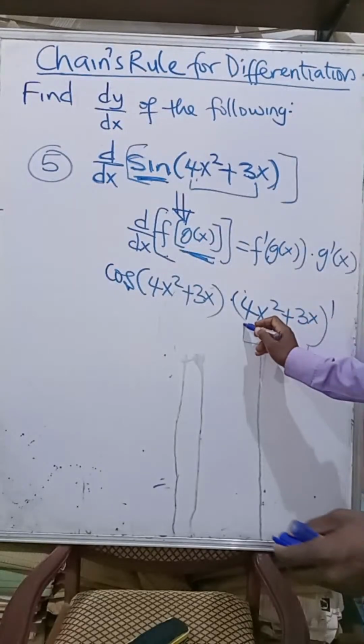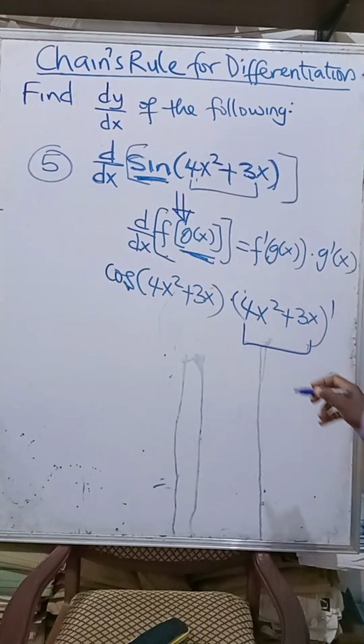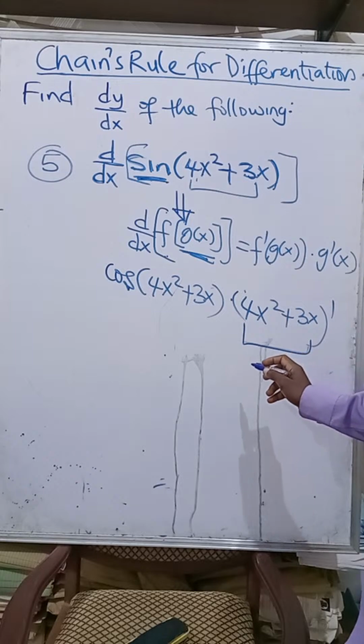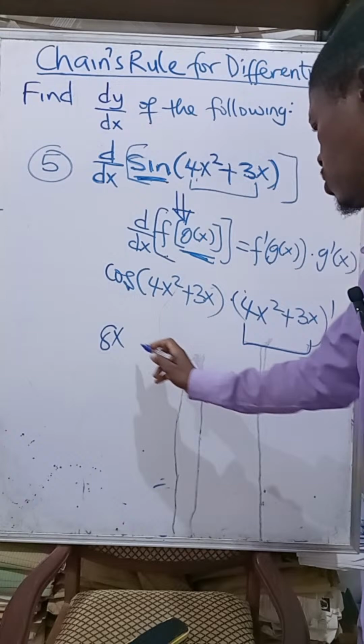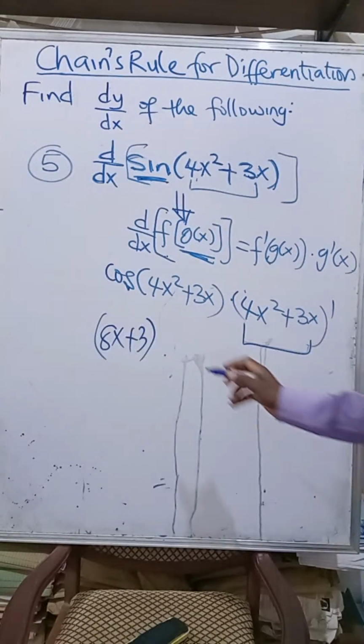If you differentiate this one, we're going to have 8x plus 3, in brackets.